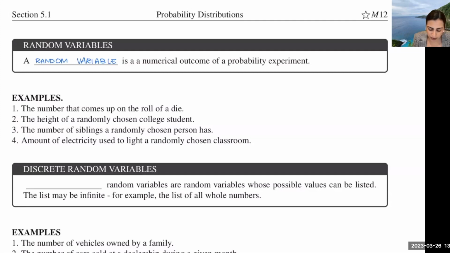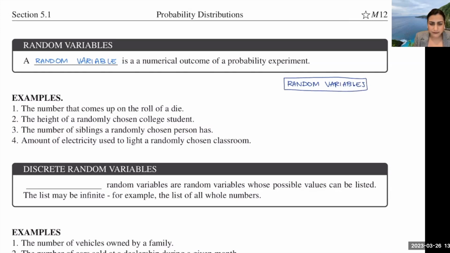And so random variables are actually going to split up into 2 different variables. And so we're going to have discrete variables and we're going to have continuous variables. Let me go ahead and draw a little diagram here just to make sure that you understand that it splits into 2 different types, for all of my visual learners out there, because that's me too.